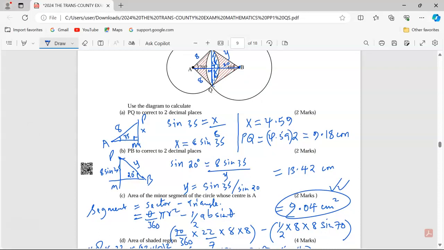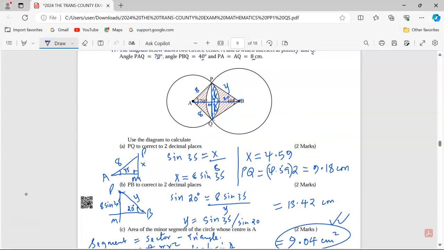Then I subtract the area of the two minor segments, because the whole triangle plus the other triangle will give us the whole figure APBQ. It's a kite in nature, so we need two triangles added.